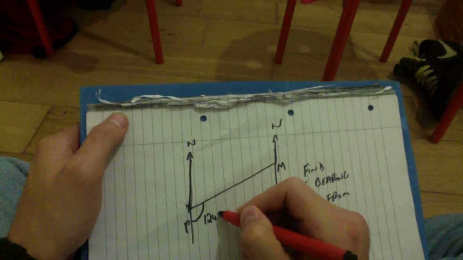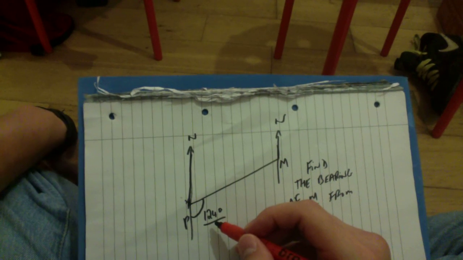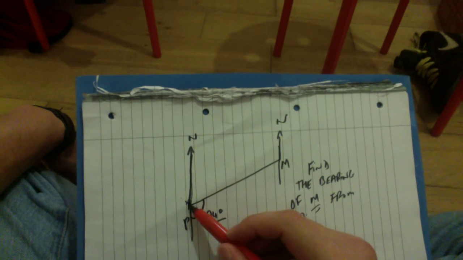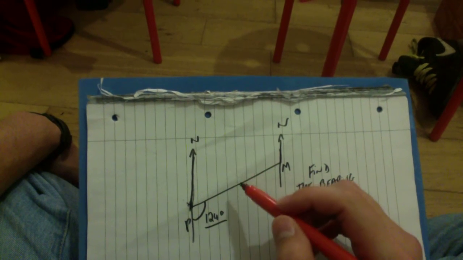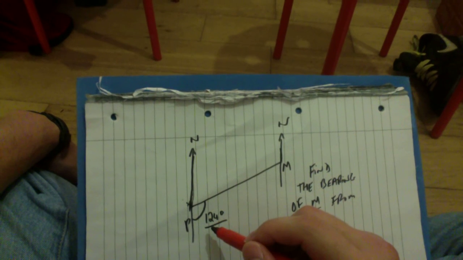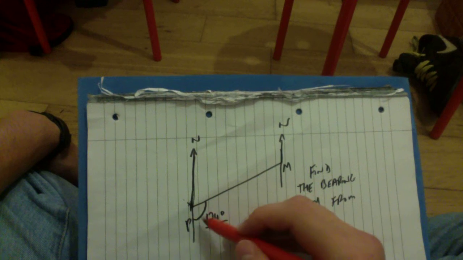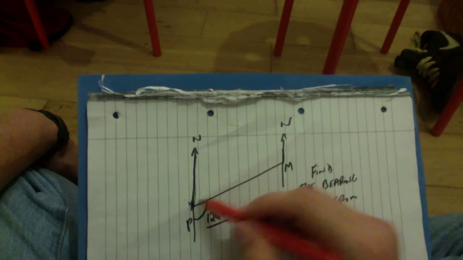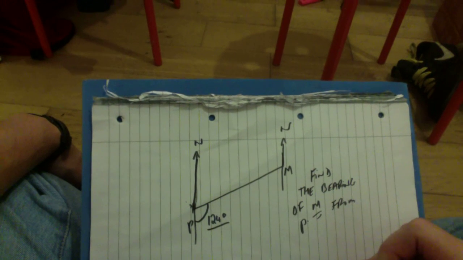This is not the answer. Why isn't it the answer? Because this point of reference is behind you. It's to use 124 degrees. It's not on this angle. If we did 124 degrees here, you wouldn't end up in M. You'd end up down here somewhere.